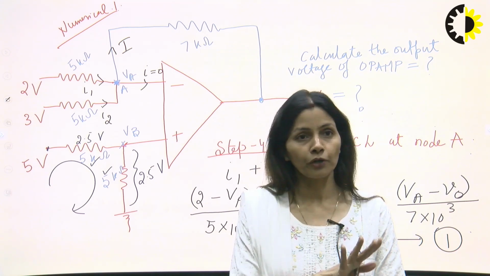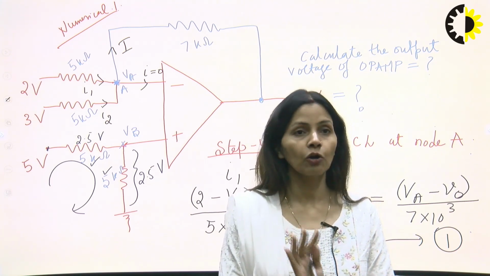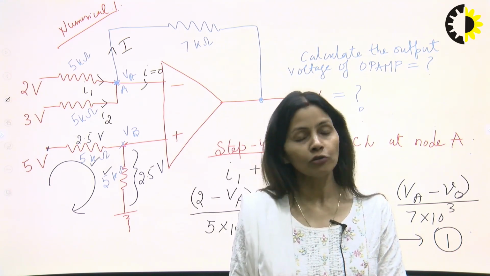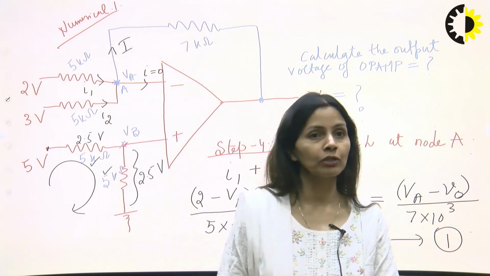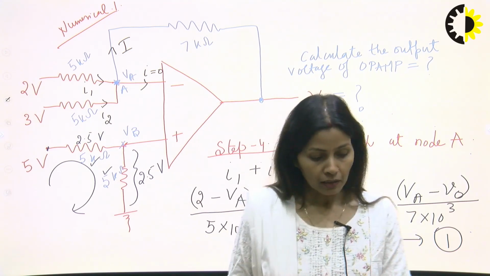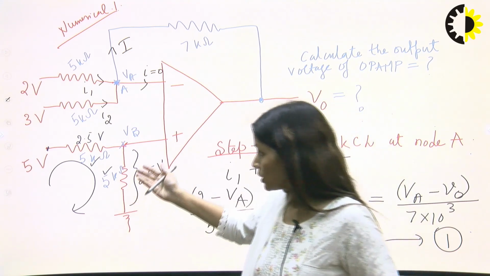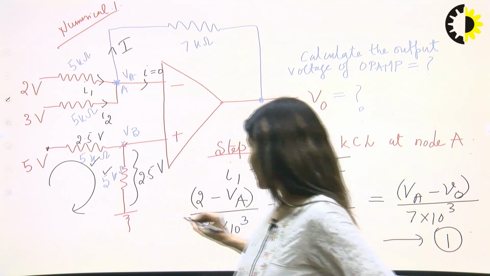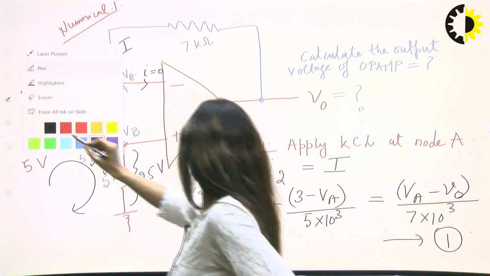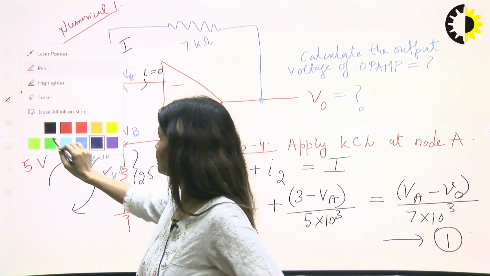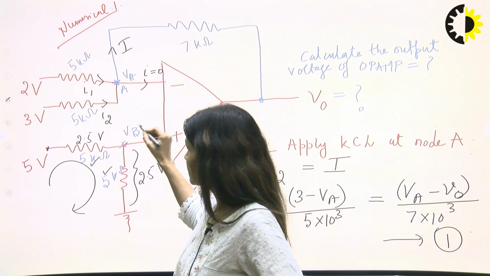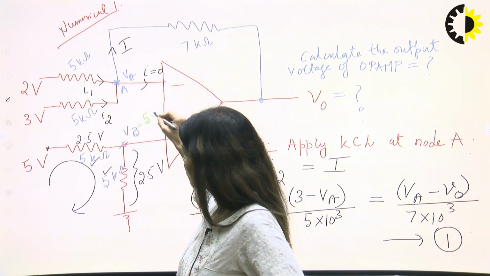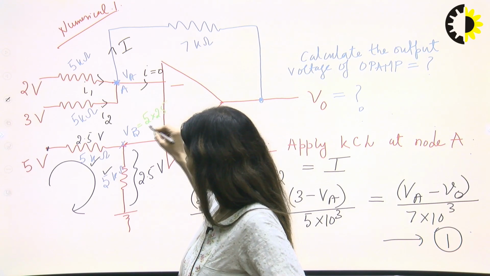Because these two resistances are equal, I am writing VB equal to 2.5. If the two resistances are not equal, then you will apply the voltage divider rule and solve the question. You can also apply KCL at this particular point and get the voltage. From the voltage divider, I am finding VB as 5 into 2.5 upon 2.5 plus 2.5.